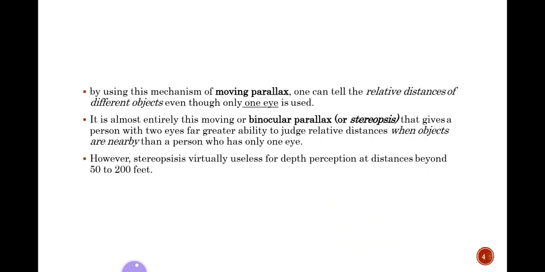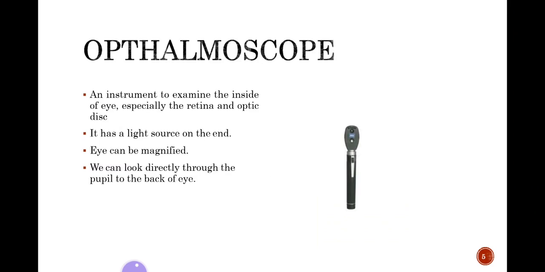It is almost entirely this moving or binocular parallax that gives a person with two eyes far greater ability to judge relative distance when objects are nearby than a person who has only one eye. However, stereopsis is virtually useless for depth perception at a distance beyond 50 to 200 feet.